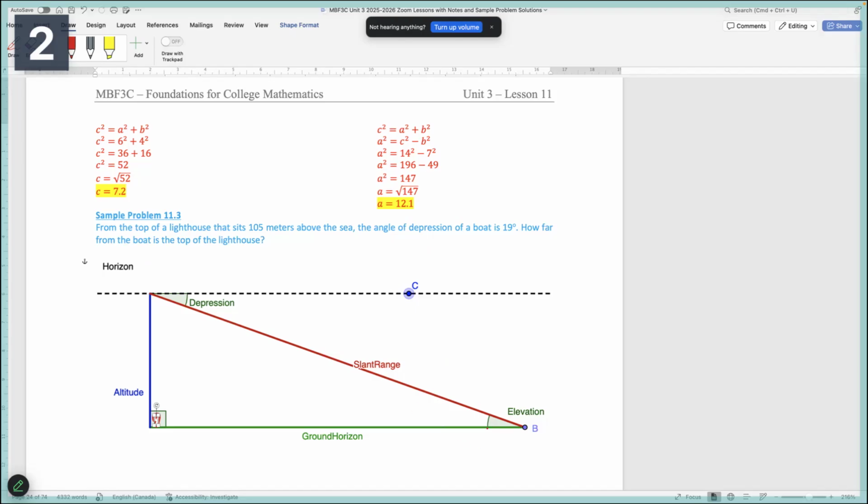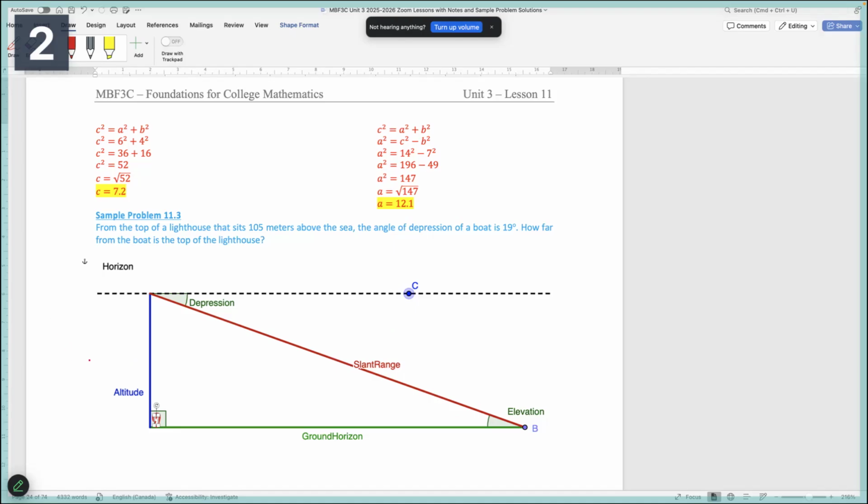So if we know this angle here, that's my reference angle. So using your reference angle, 19 degrees, label the parts that you know. So opposite here, that's my opposite side. And this is what I need to find, the adjacent side.